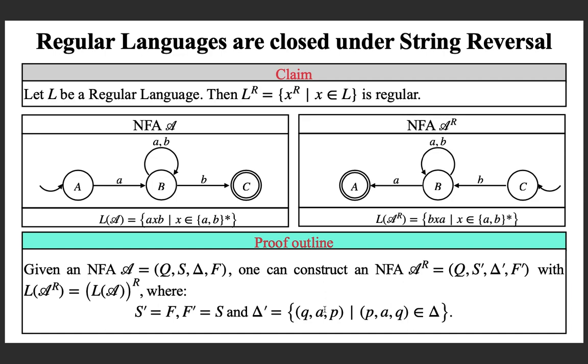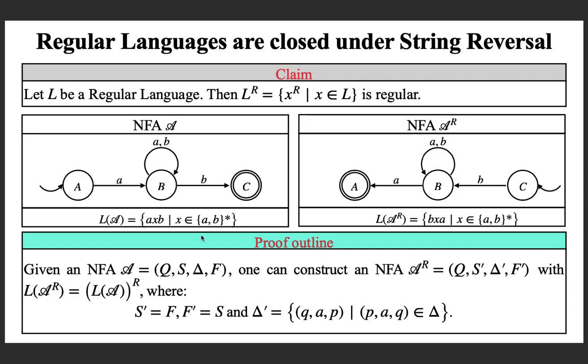Because we reversed the directions of edges, if there exists a path for X from the start state to the final state in the constructed NFA, then that means there exists a path for X reverse from a start state to a final state in the original NFA.